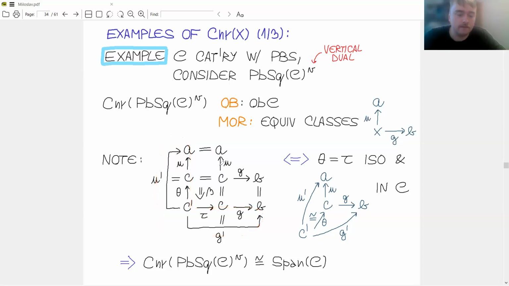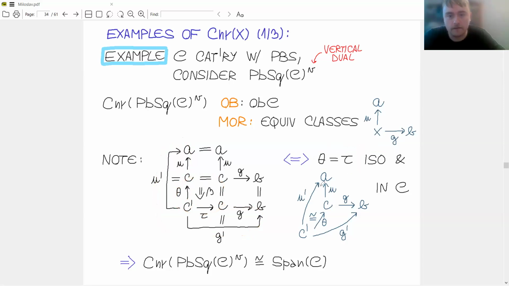And the point is, if two corners in our definition are equivalent in the equivalence relation, you can see that this happens if and only if theta is equal to tau. So these are these components. And this is more of an isomorphism, right? There exists a pullback square like this if and only if both components are isomorphisms.